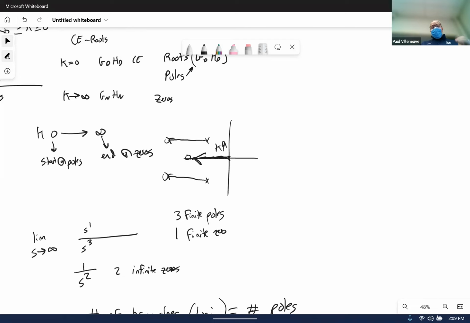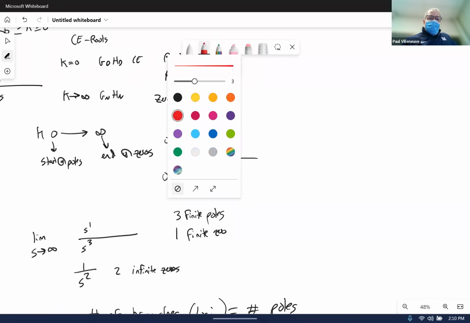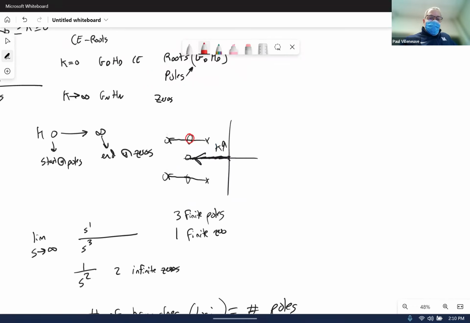And again, because we're trying to look at the performance of a system, we want a system that might have a certain percentage overshoot, or a certain rise time or a settling time, which means maybe we need a root or the roots can't be any further than that location. So if these are, let me change the color here. So we want roots that can't exceed the real part being greater than that point.